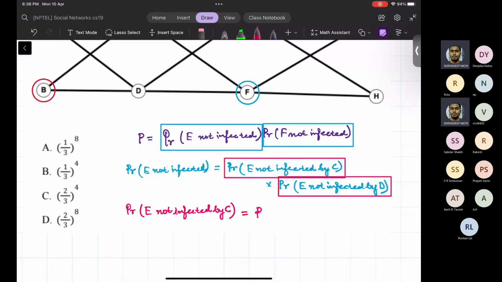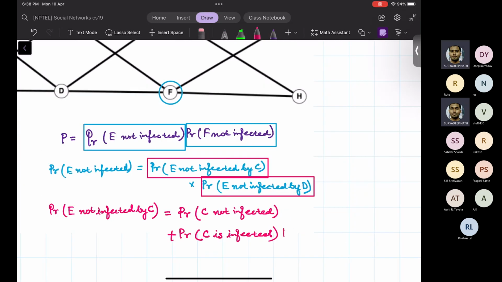So probability of E not getting infected by C, we can break it down into probability of C not infected, in which case it cannot infect E at all, plus probability of C is infected but cannot transmit. The C does not transmit.